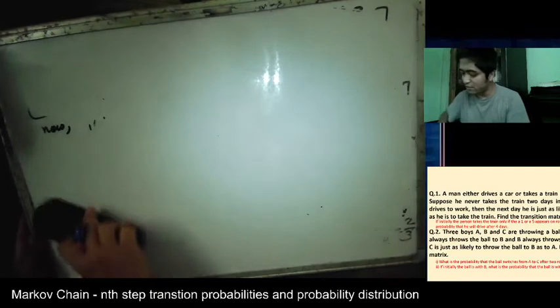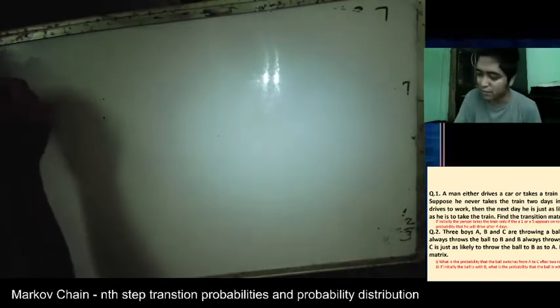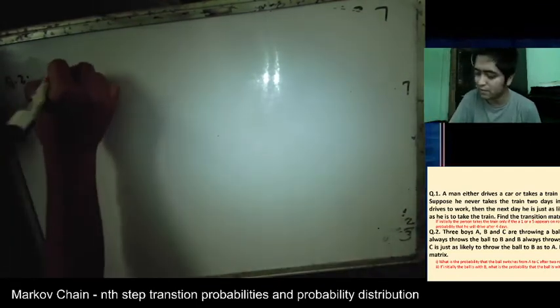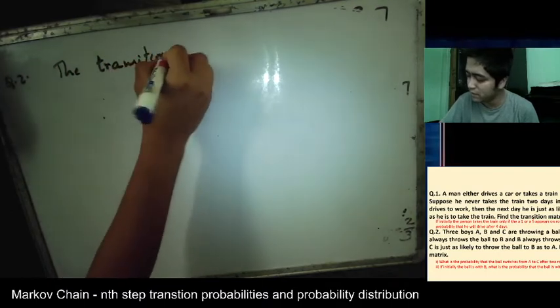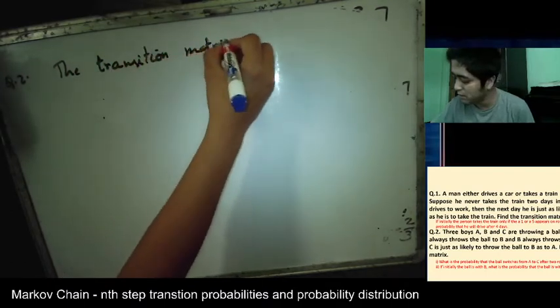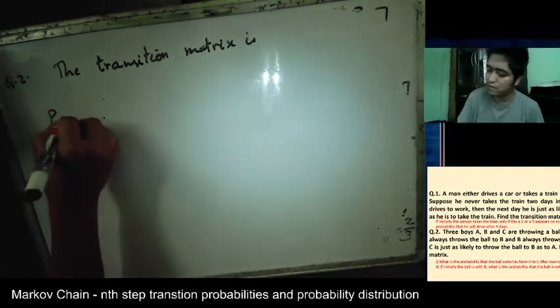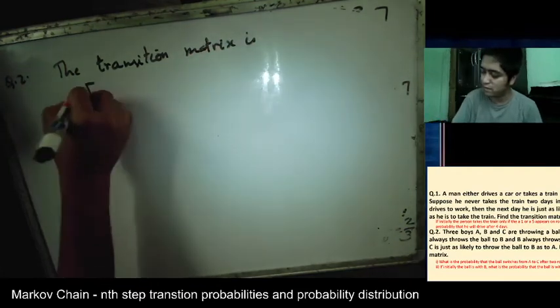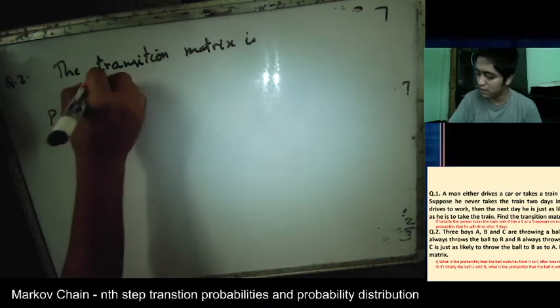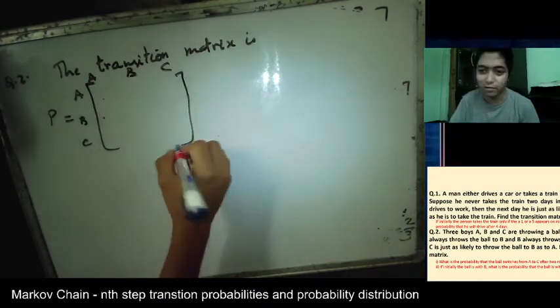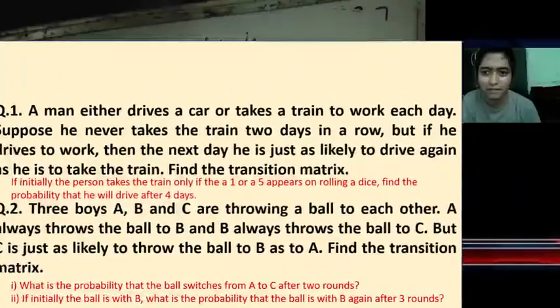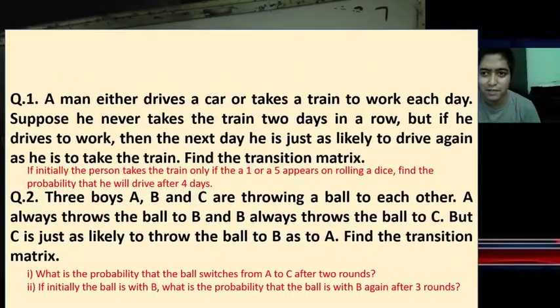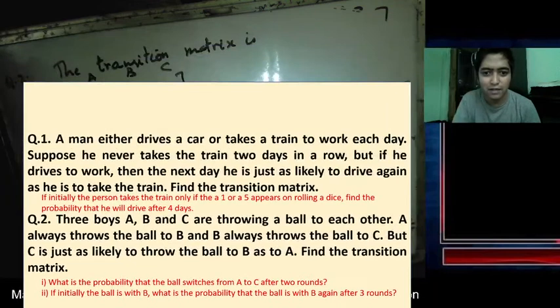Now let us do question 2. It won't take too much time. The transition matrix is, let me just write it down. We had already seen how to calculate the transition matrix; you can refer to the link in the description.